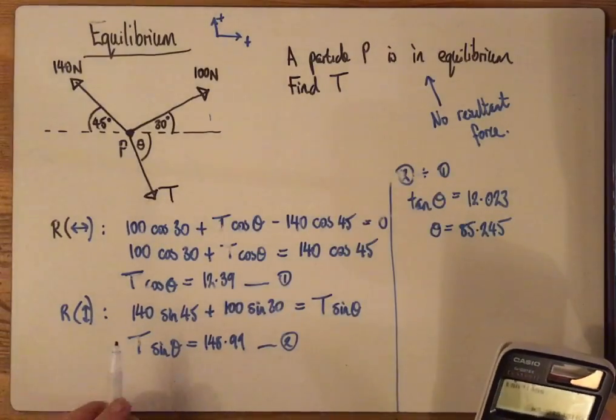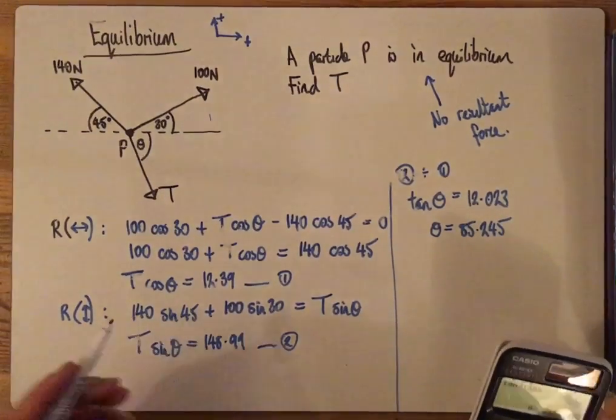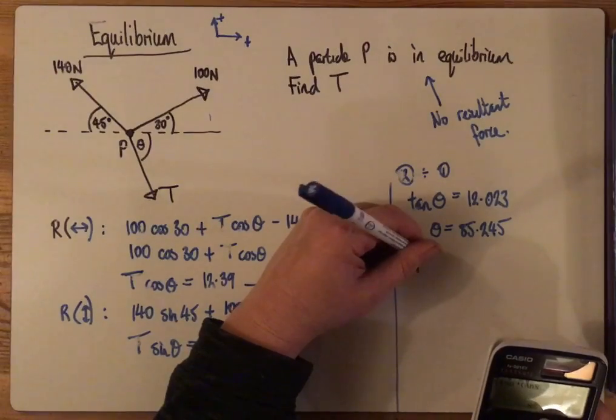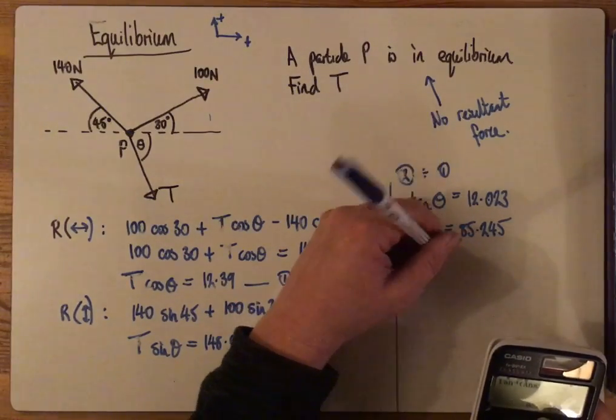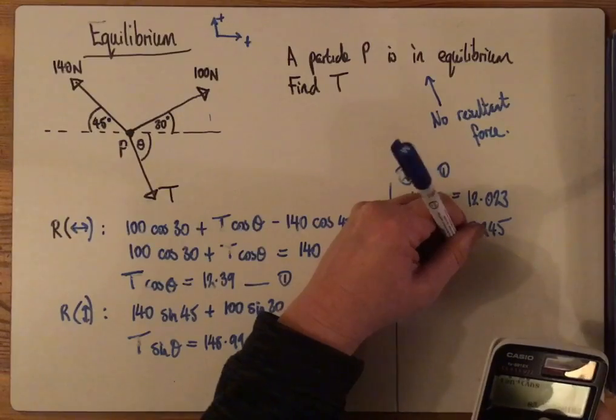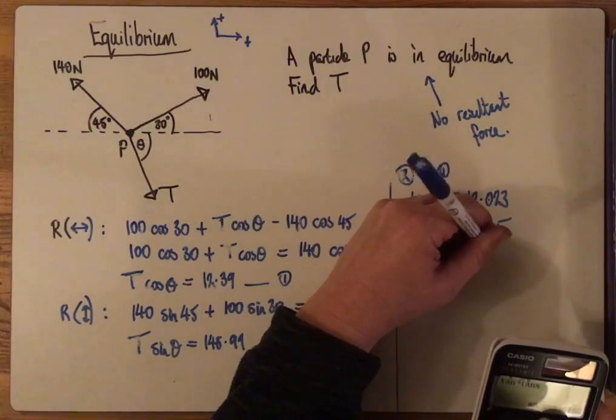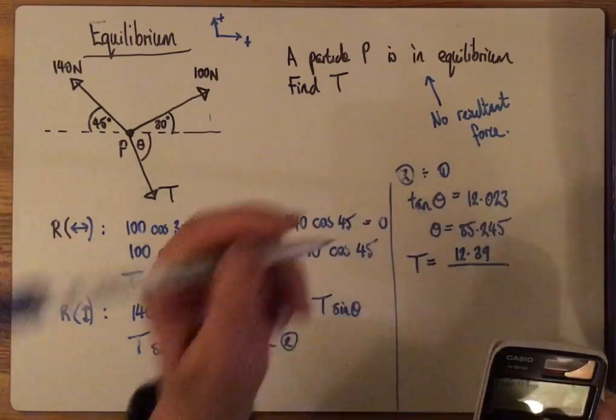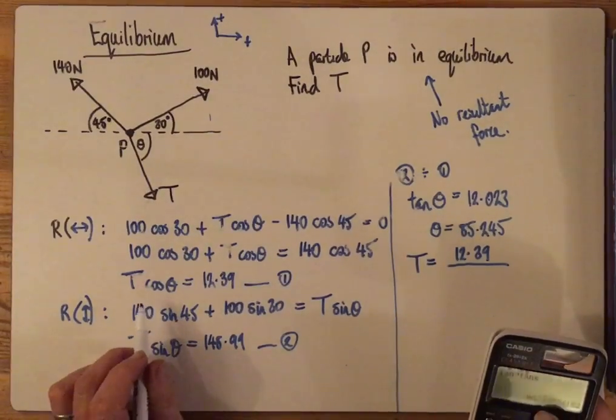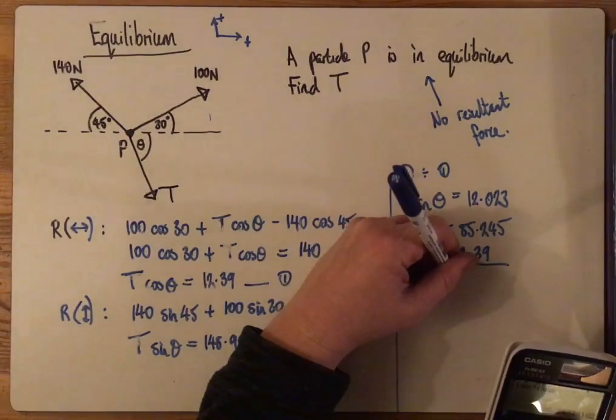And then we know that t is equal to 12.39 divided by cos of 85.245.